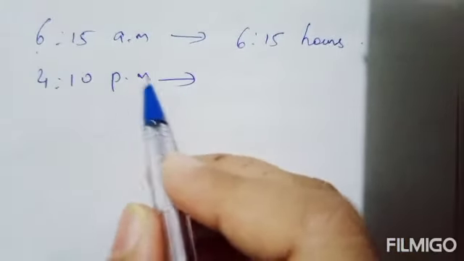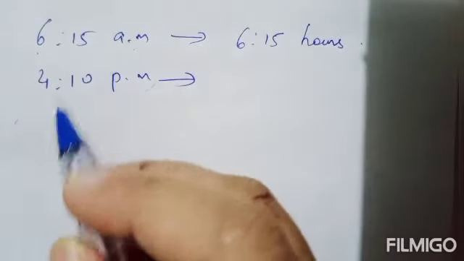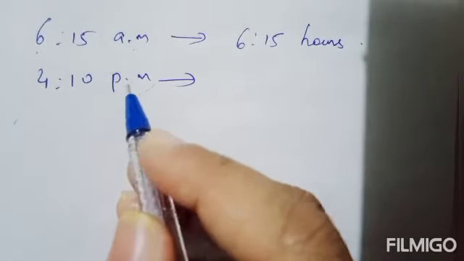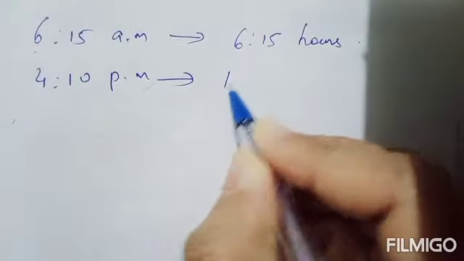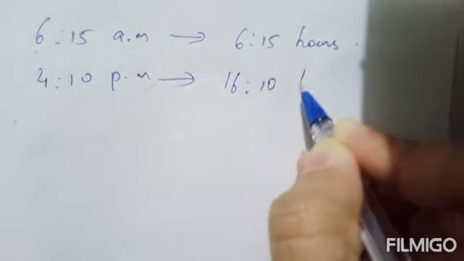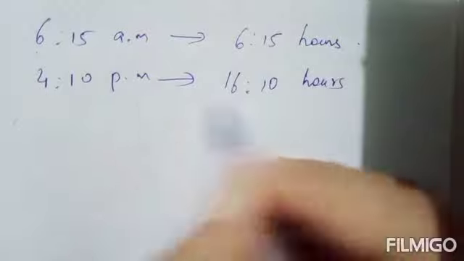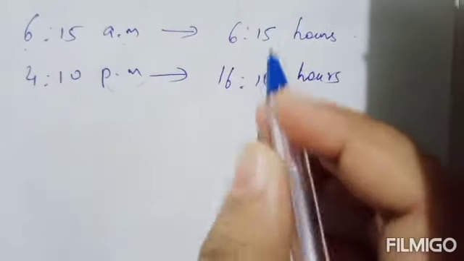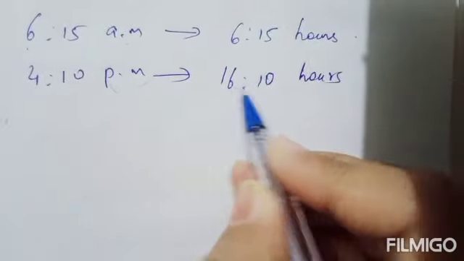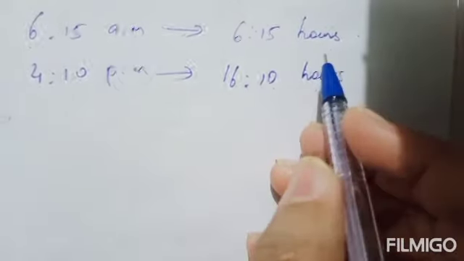The given time is in p.m., so just add 12 to this time. 12 plus 4 is 16:10 hours. Replace p.m. by hours. Now from 16:10 hours you can subtract 6:15 hours.